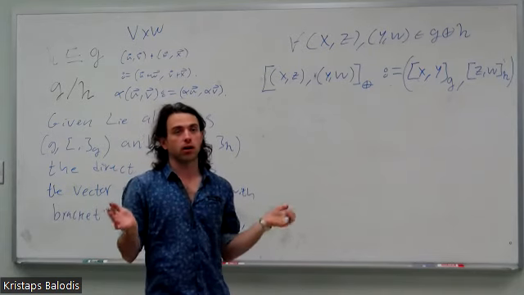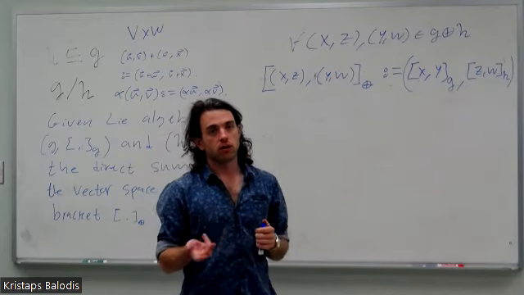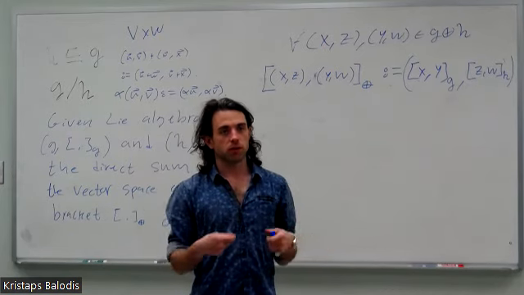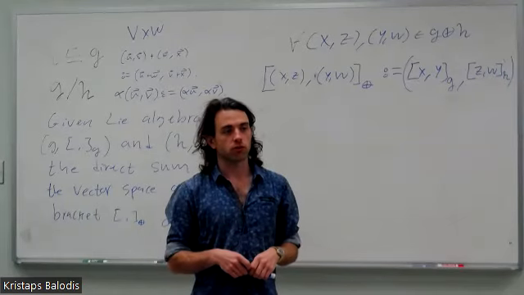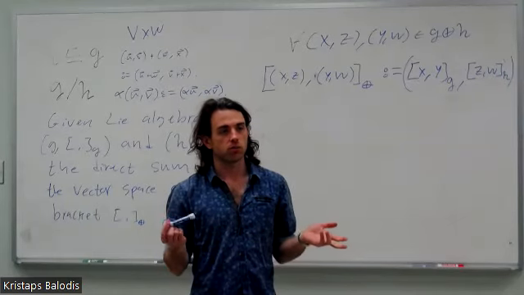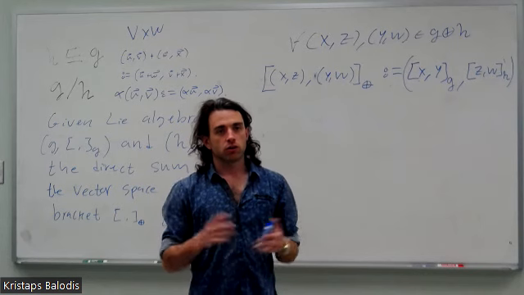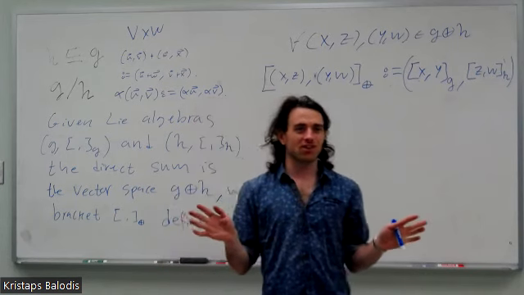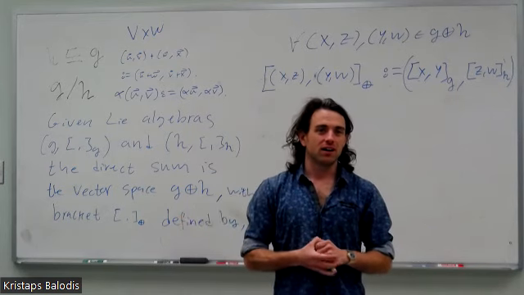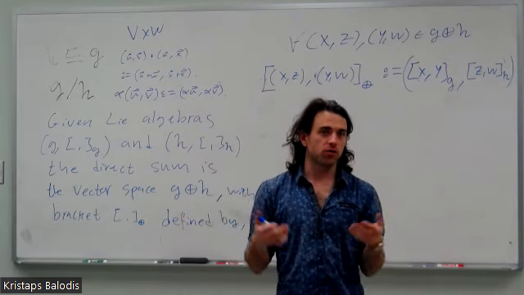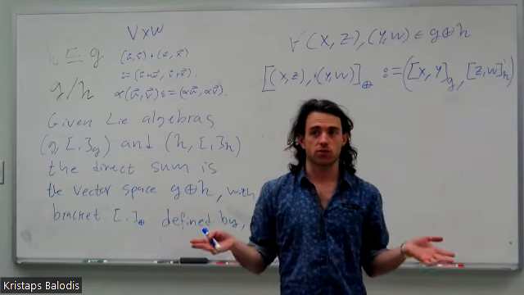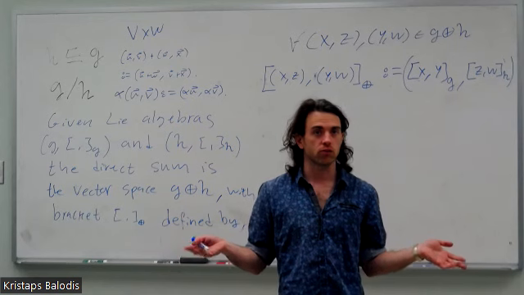Up to isomorphism, if you have a finite dimensional vector space, you pick a basis, you can use that to show that it's isomorphic to a direct sum of the one dimensional ones, right?